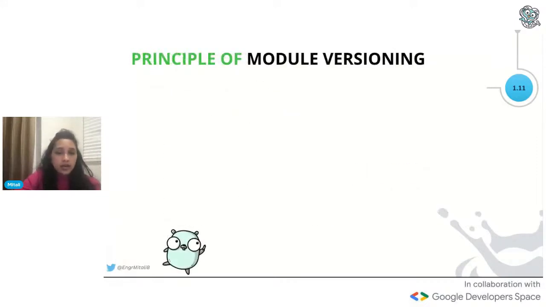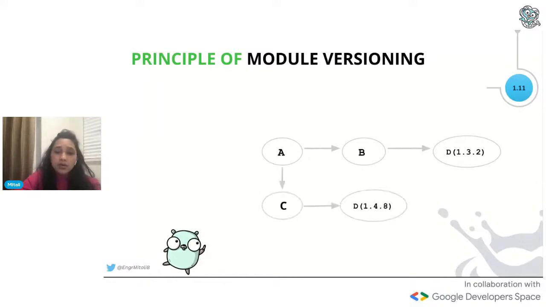Now the major versions are being fixed, but what about minor versions and patch versions? Are they still fine to import? So let's take an example. I have a module A and I have a dependency on module B, which in turn has a dependency on module D of version 1.3.2. Similarly, I have another module dependency C, which in turn has a dependency on D of another version, 1.4.8.